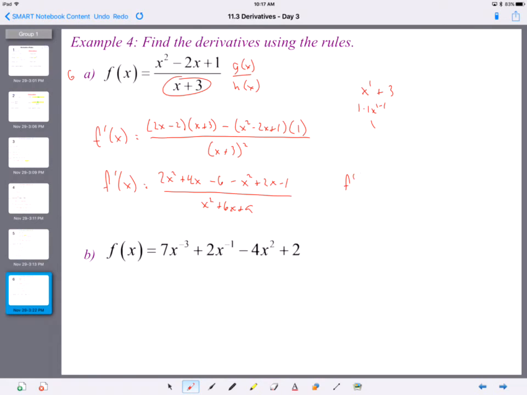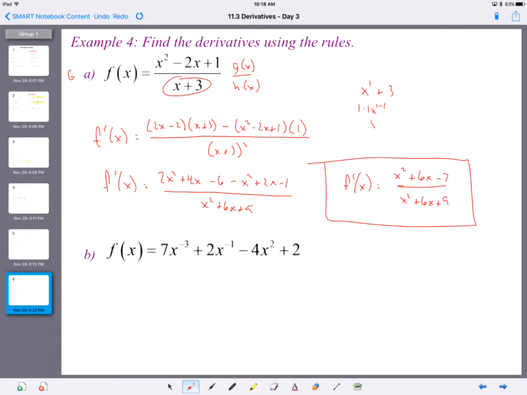So then it looks like the final answer to this will be, you got 2x squared minus x squared, so that's x squared. 4x minus 2x is 6x. And negative 6 minus 1 is negative 7. And you don't need to worry about canceling anything. If it cancels, that will just be your final answer there. And there you go.